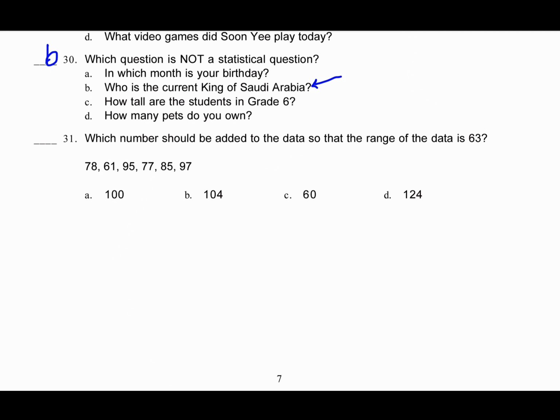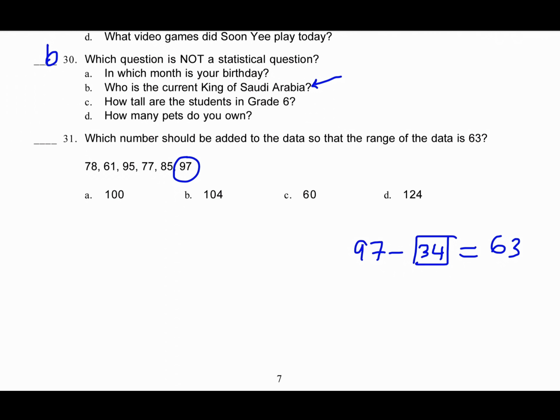Next question. Which number should be added to the data so that the range of the data is 63? The first way is to ask yourself, the greatest number here is 97. So 97 minus which number of the choices gives 63? 97 minus 34 equals 63.